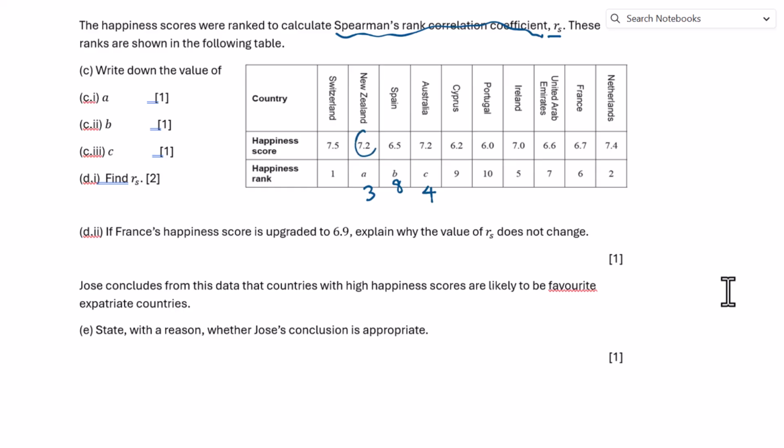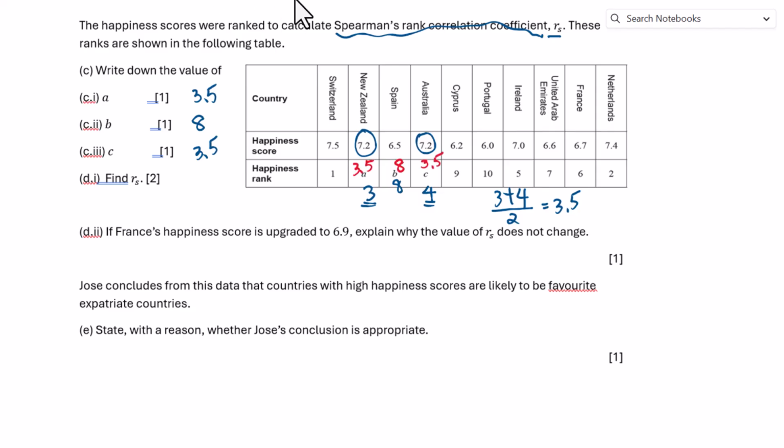Since 7.2, 7.2 are the same value, we need to average these two ranks. 3 plus 4 over 2 equals 3.5. So A equals 3.5, B equals 8, C equals 3.5.